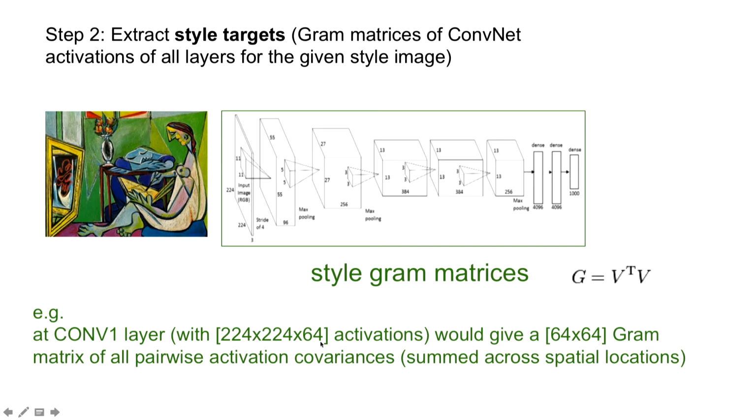The idea is to compute the second-order statistics between the features, the 64 features. So that means that you compute this matrix where the V's have dimension 64, and then 224 by 224 is the other dimension. The corresponding pixels are just linearly ordered in some order, and then you can multiply V transposed by V to get a 64 by 64 matrix that effectively sums over all of the positions in the image. And that's then the style matrix.